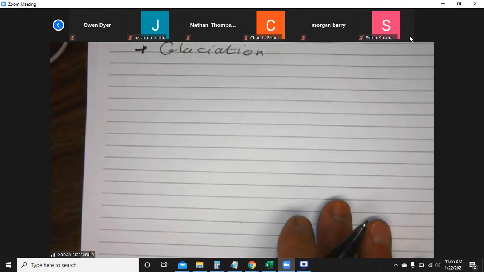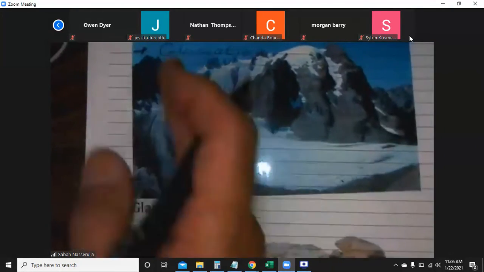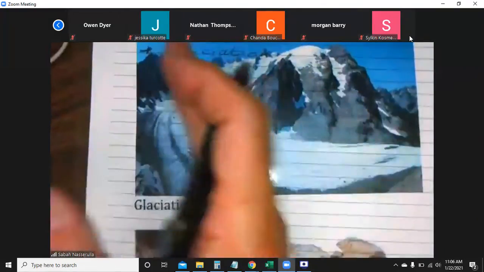Now, glaciation, as you know, is an advance through history, and sometimes it has a huge impact.